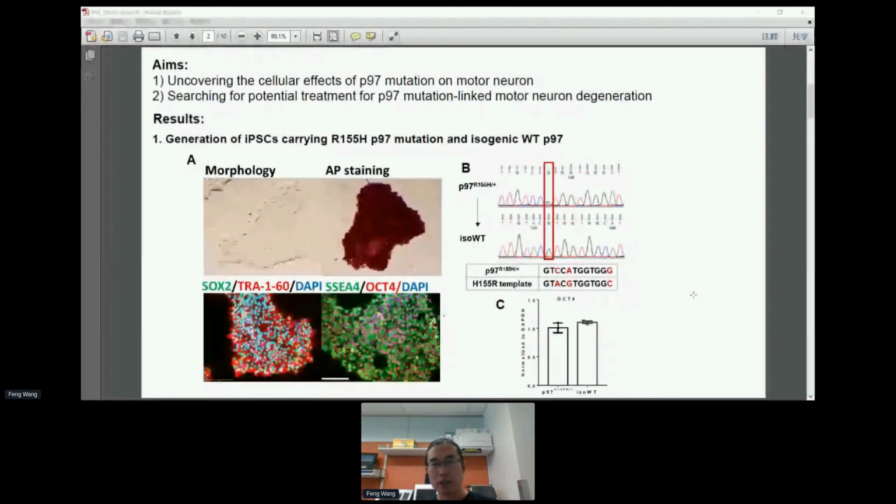After CRISPR editing, we get the isogenic wild type, and we compare the pluripotency of the iPS cells and the CRISPR-edited iPS cells. Their OCT4 levels show no difference, meaning the CRISPR does not affect the pluripotency of the iPS cells.